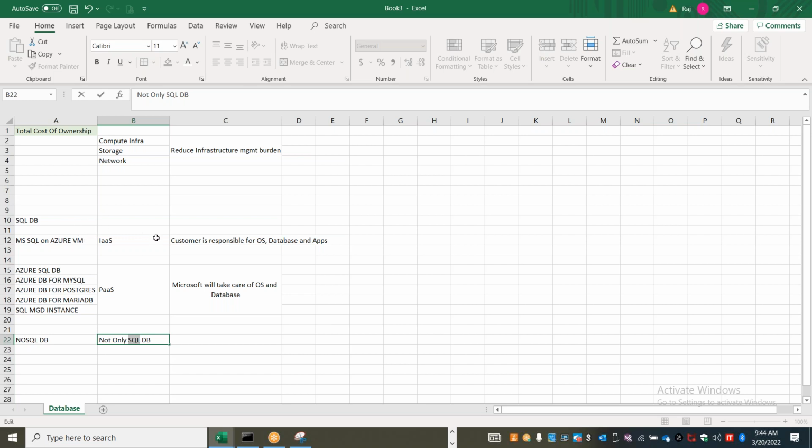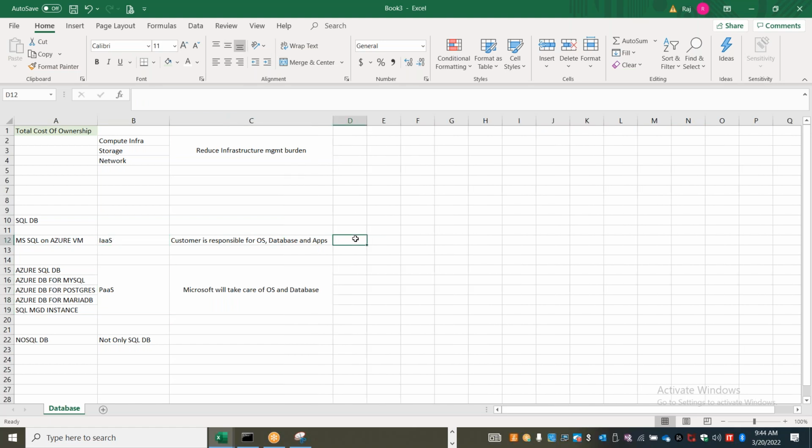But with SQL databases, you have these many options. You can either go for infrastructure as a service, or you can go for platform as a service. So generally, why would we go for infrastructure as a service? When the customer would like to have control on the OS and the database, they will definitely go for Microsoft SQL Server on Azure VM.